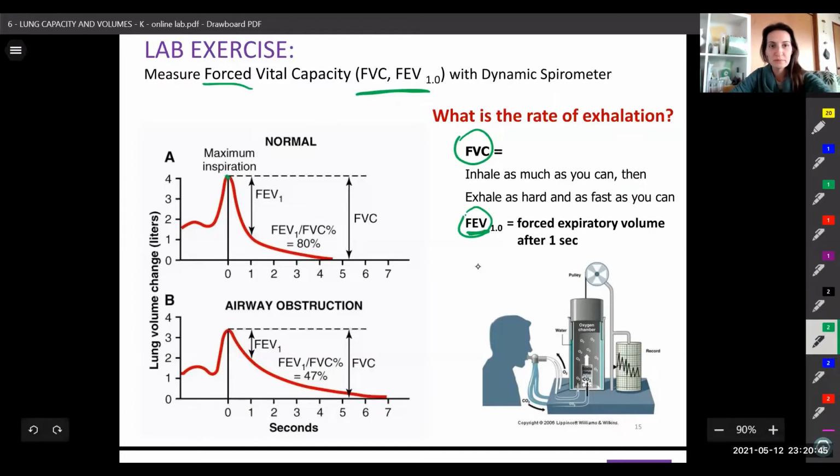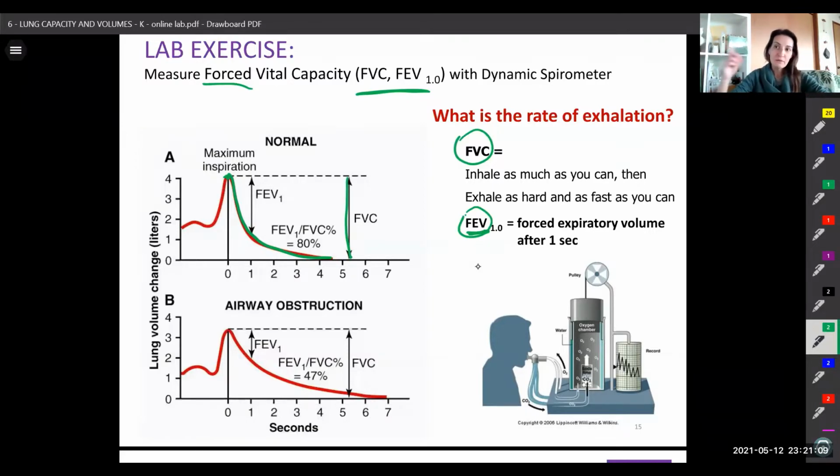So what we would do here is we would ask the individual to now exhale into the tube. They would do so, and the pen on the sheet of paper would go down, right, until they could no longer exhale. And then we would go in and we would take this height measurement here, right, for the total amount of air that was exhaled in that time period.